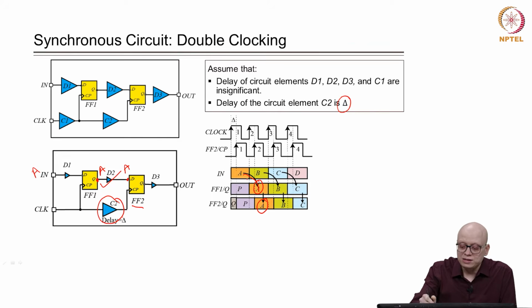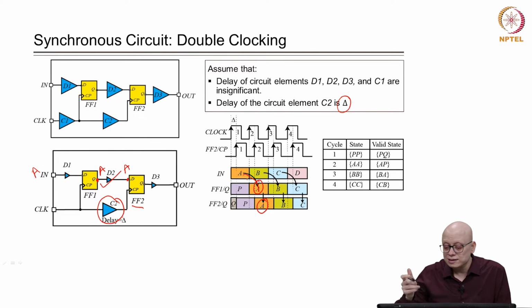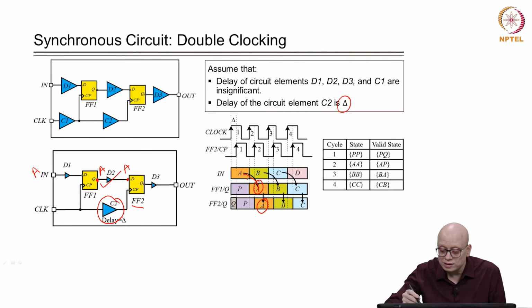So, the same data got latched by two flip flops in the same clock cycle. So, this is the case. Then the circuit is still in the invalid state. This happened for this cycle. Similarly, it will happen for the other cycles also.